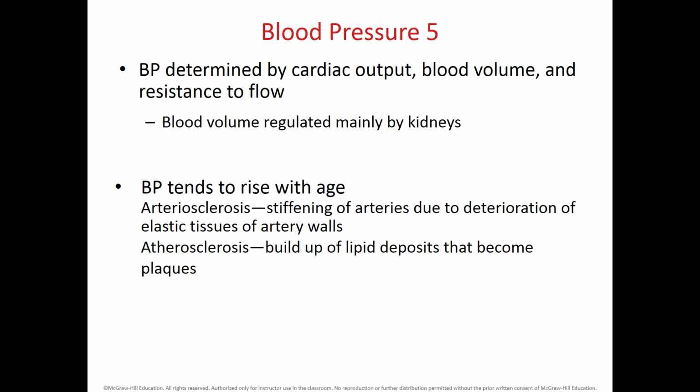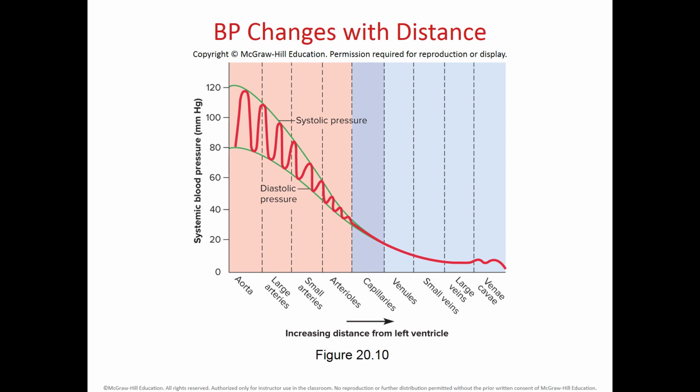Why? Because the elastic tissue in our arteries is not as elastic anymore. It disappears as well. And then we develop what we call arteriosclerosis, which is a stiffening of our arteries. And then we also develop atherosclerosis, which is the building up of fat, or plaque, within the blood vessels.